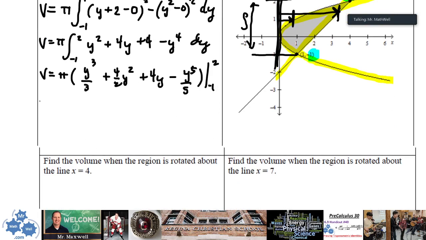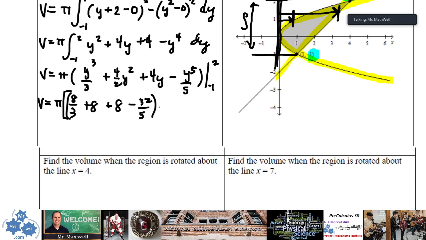Okay, so you know what to do here now. I'm going to save this pi for later. So I've got 2 cubed over 3, which is 8 over 3. 4 over 2 is 2 times 2 squared, 2 times 4 is 8, plus 8 minus 32 over 5.